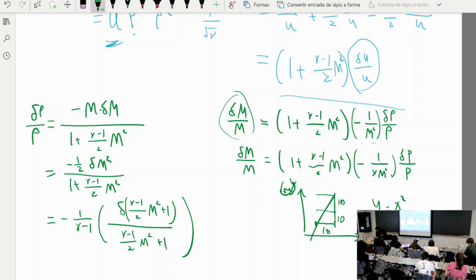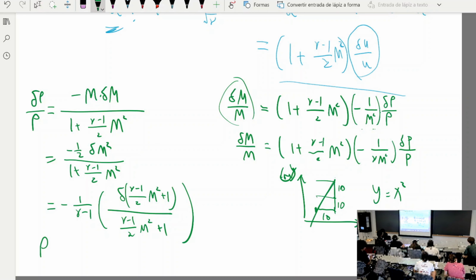So this relationship just means rho is going to be proportional to 1 plus gamma minus 1 over 2 M squared to the power of minus 1 over gamma minus 1. Okay?